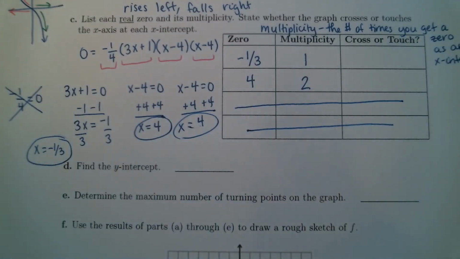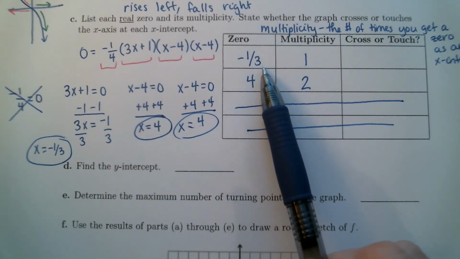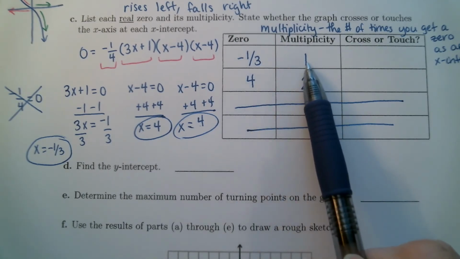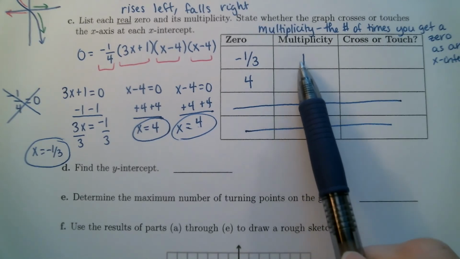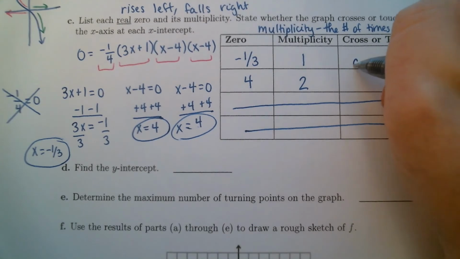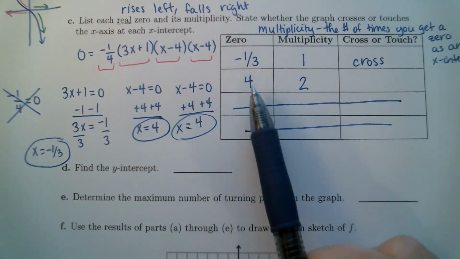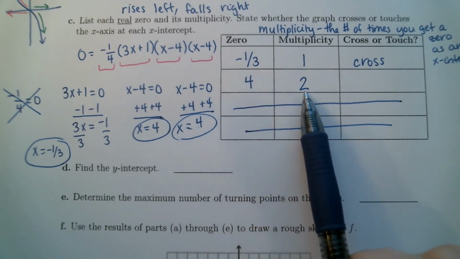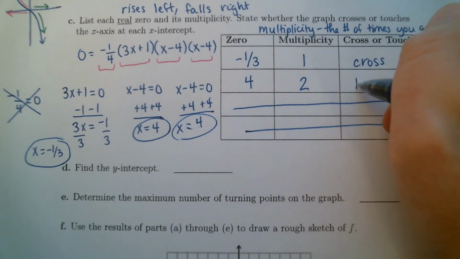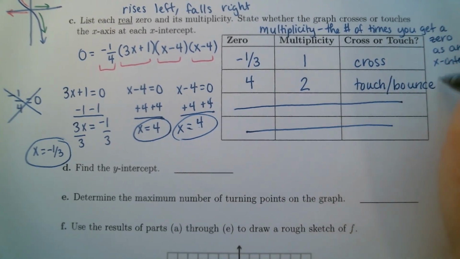So for negative 1/3, it has a multiplicity of 1, and 1 is an odd number. Odd multiplicity means the graph is going to cross the x-axis there. The other x-intercept 4 has an even multiplicity. The multiplicity is 2. Even multiplicity means that the graph is going to touch or bounce at that x-intercept.